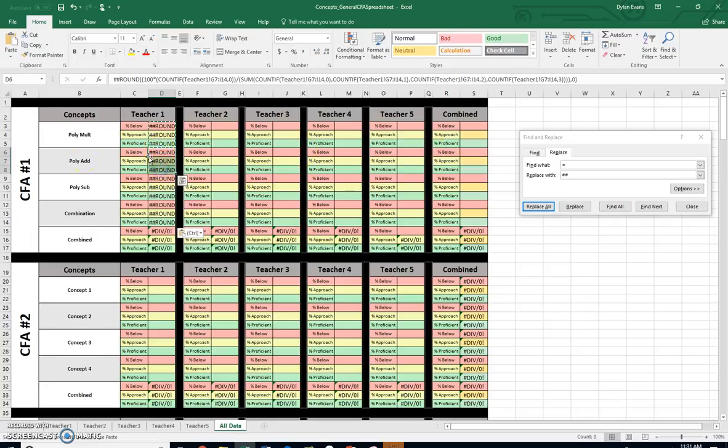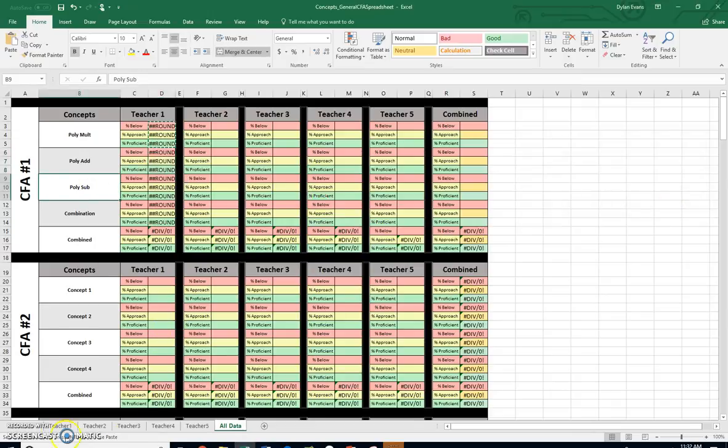But then, for polynomial addition, I want to find everywhere it says G7 through I14, and I want to replace it with J7 through L14. And I hit replace all. And it makes those replacements for us.